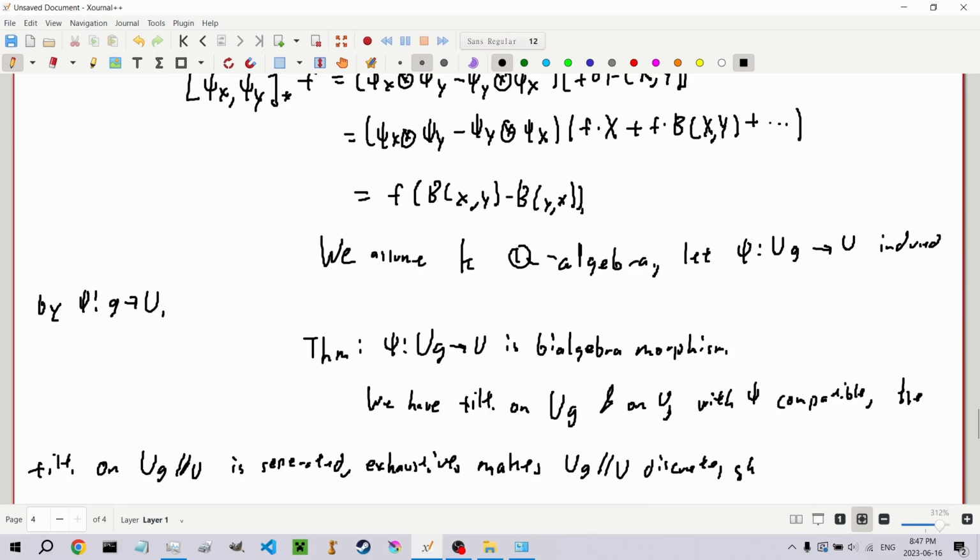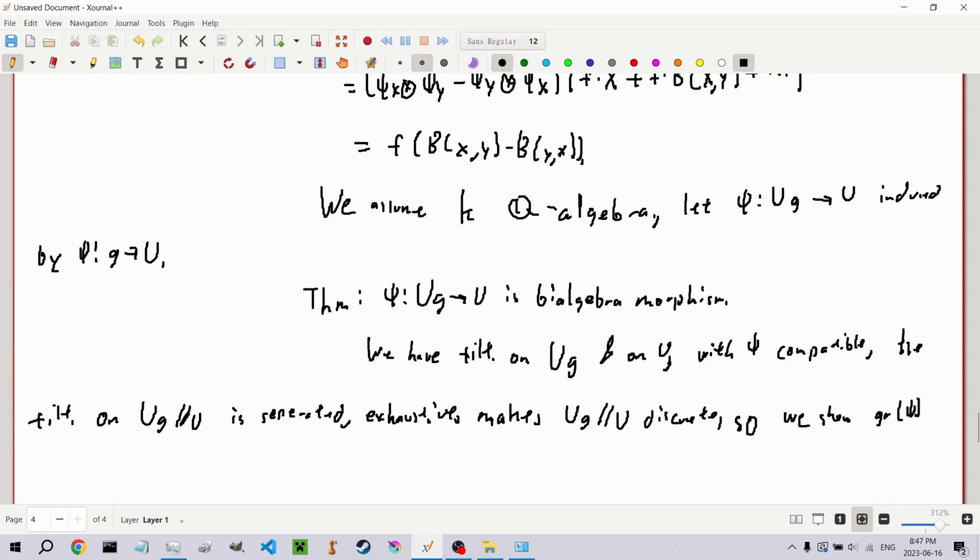So we can just show that the grade of C is bijective, to show that C is bijective.